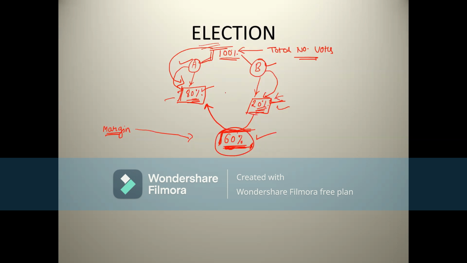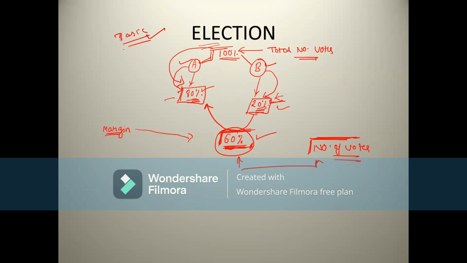This margin could be a percentage margin or a number of votes margin. We will see the number of votes margin in upcoming questions. So this is the basic concept of election.